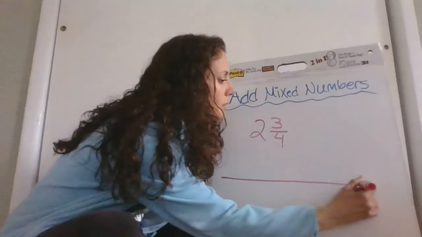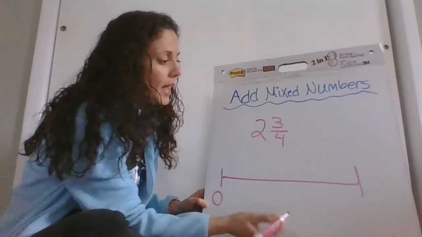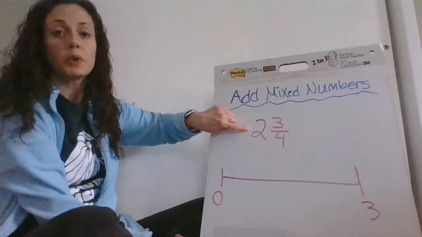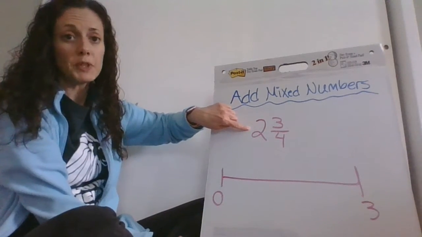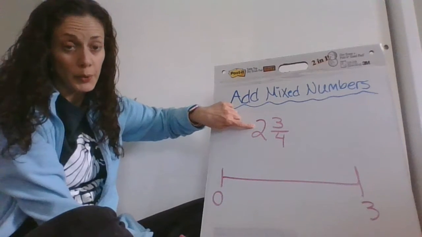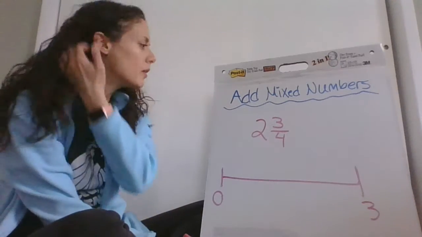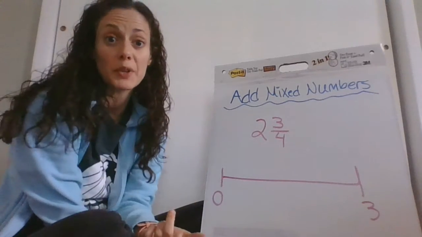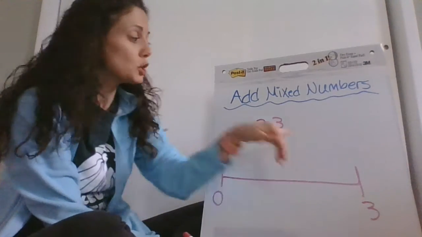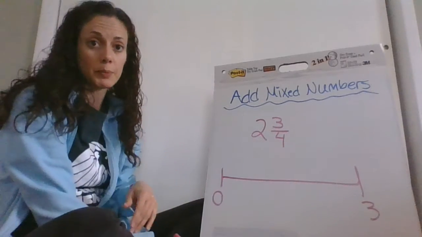I set up my number line, start with 0, and end with 3, because 2 and 3/4 falls between the whole number 2 and the very next whole number, 3. So 2 and 3/4 falls between 2 and 3 on the number line.